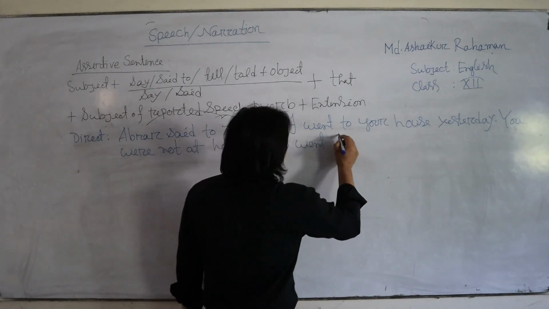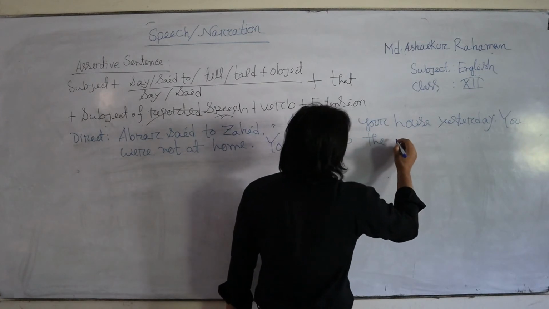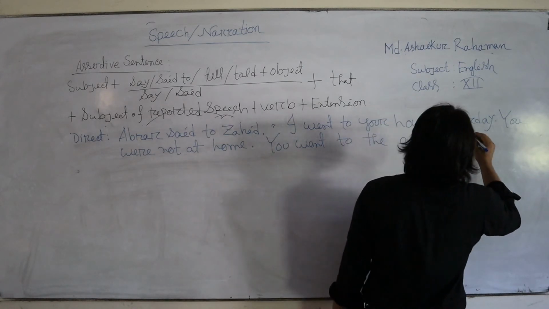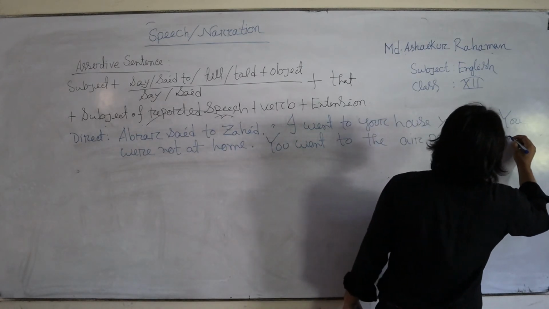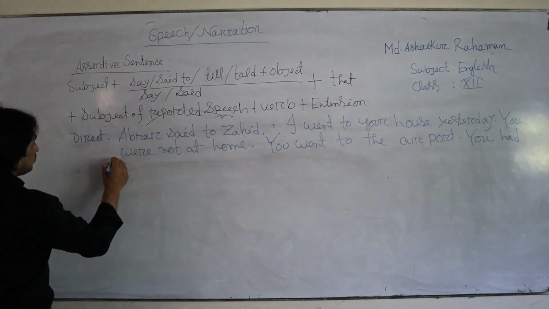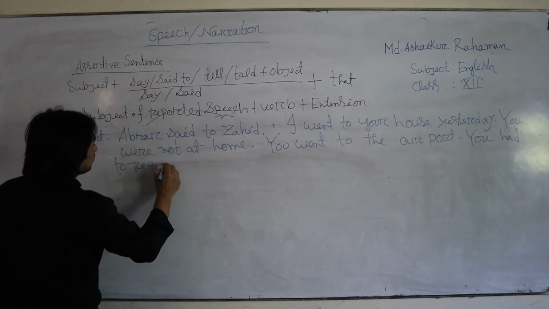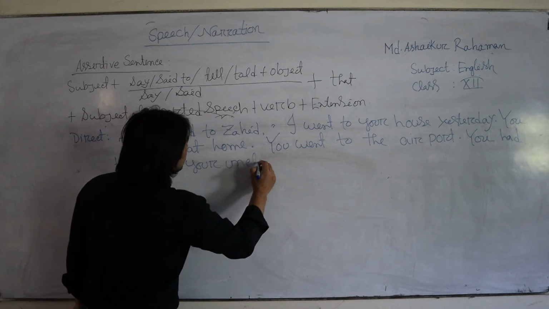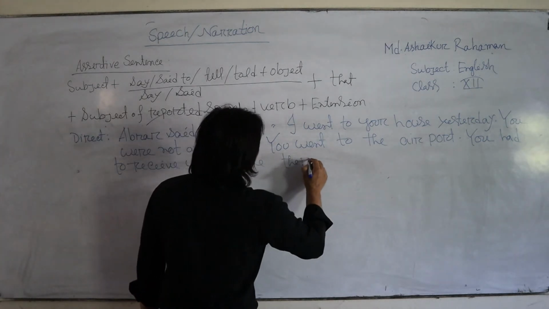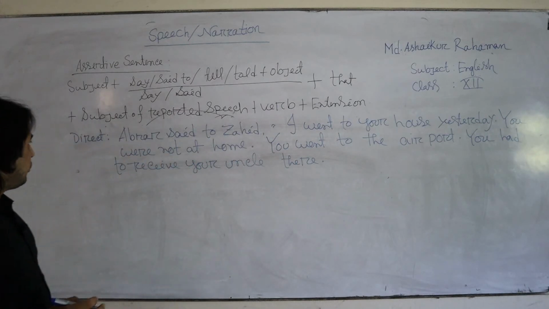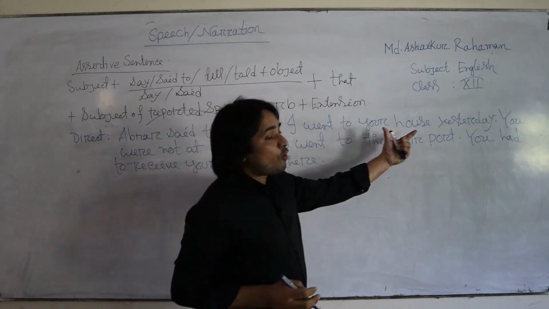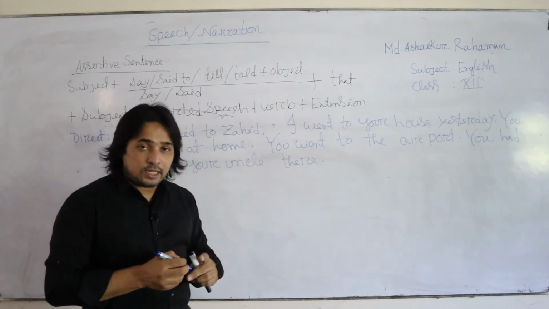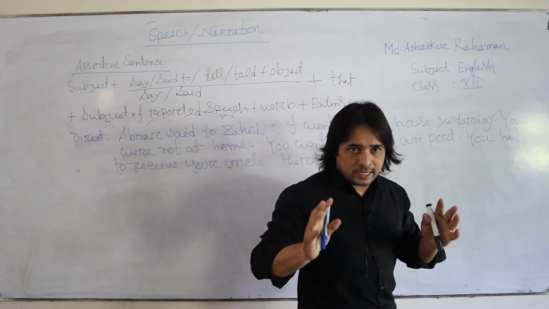You went to the airport. Then you had to receive your uncle there." So here we find 4 sentences of a single person. Here is Abrar. So now we need to connect these 4 sentences logically.